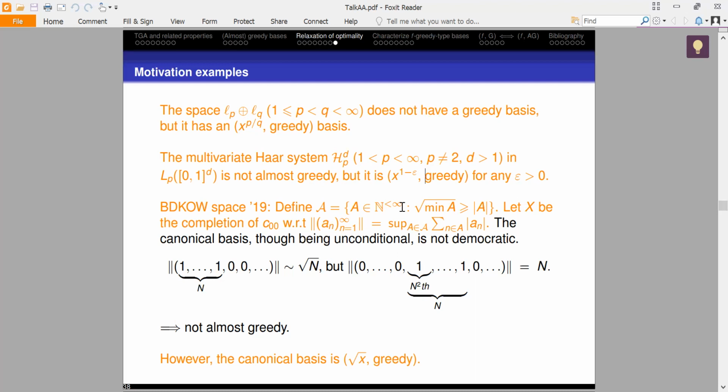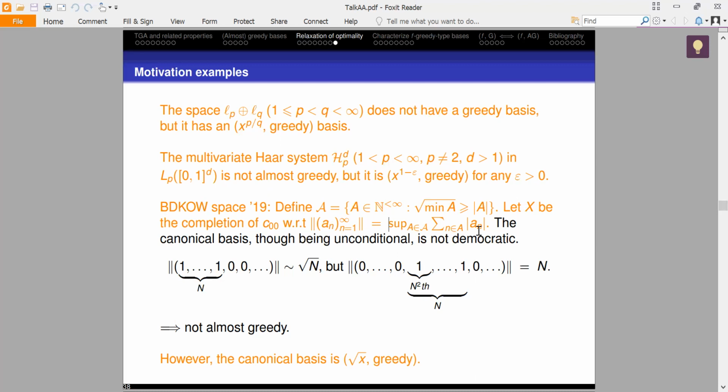The last motivating example is this space, and it comes from a recent result by Bernard, Dilworth, Kutzarova, Oikhberg, and Wallis. They construct a basis that satisfies certain properties, like being partially greedy.